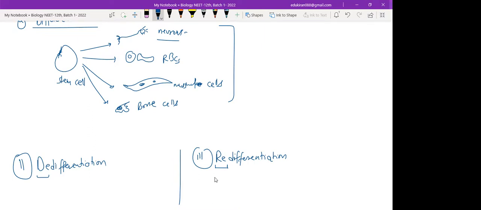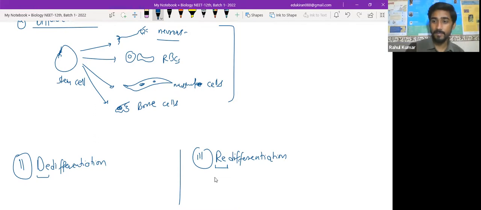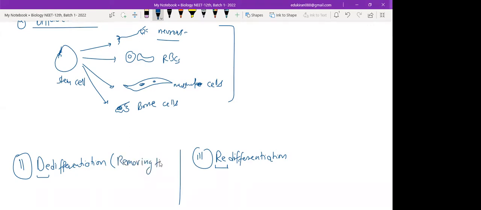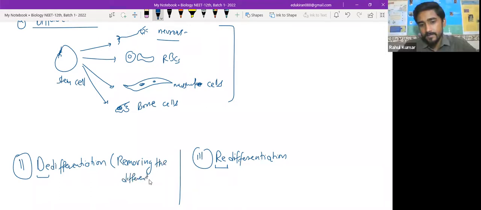It's like the reduction of something. Yes, reduction or removing something, correct? Deforestation means removing the forests. So what will de-differentiation mean? Removing the differentiation, correct?